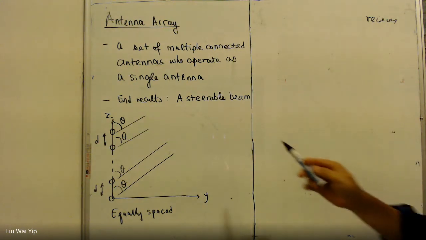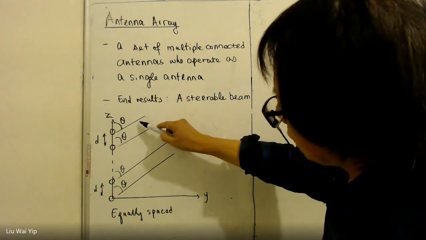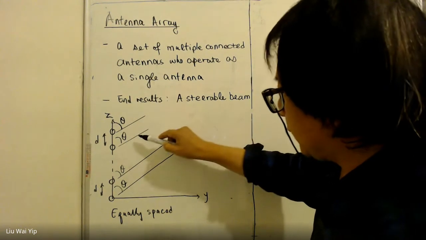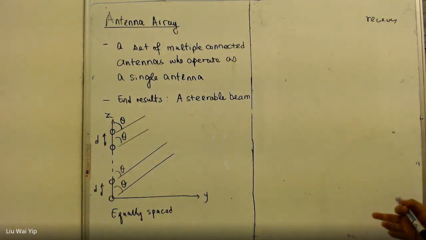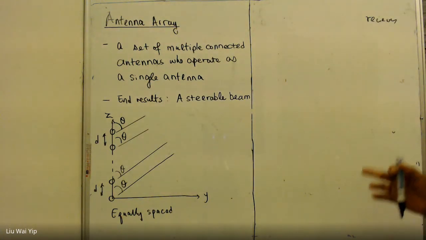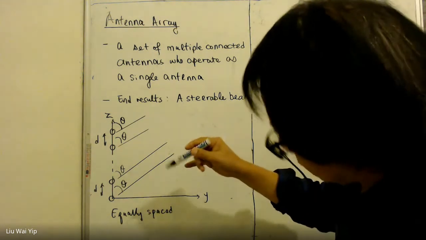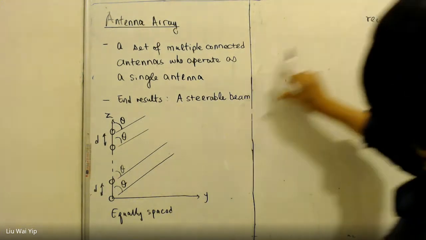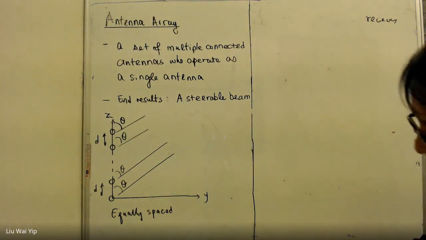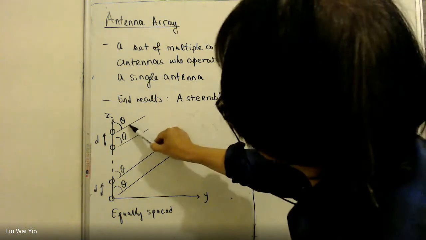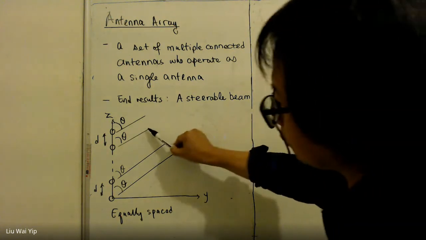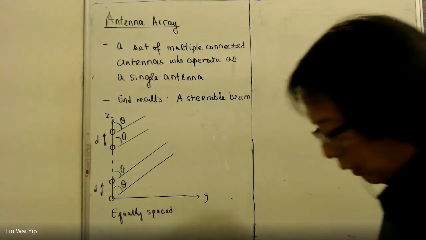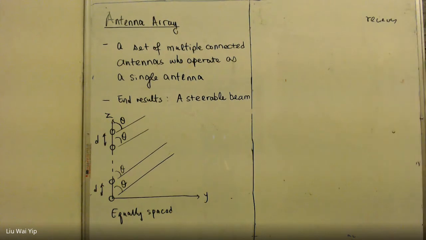So the radiations from the first one and from the second one are the same in terms of direction, but they are not the same in terms of the delay. This one may arrive at the destination first, but this one will be later. And how late? It depends on the phase difference.